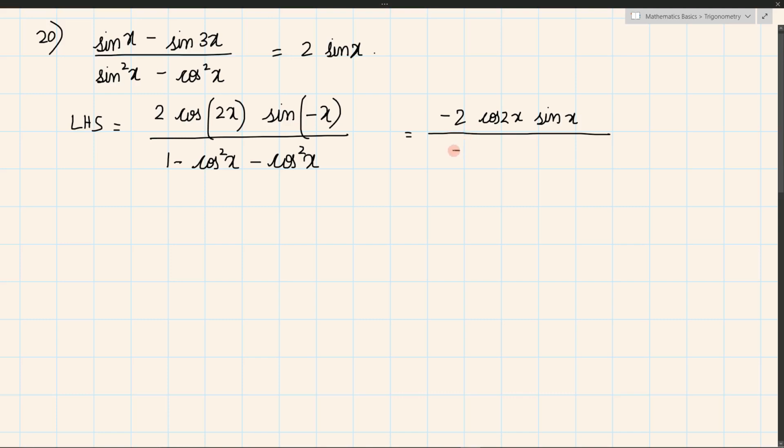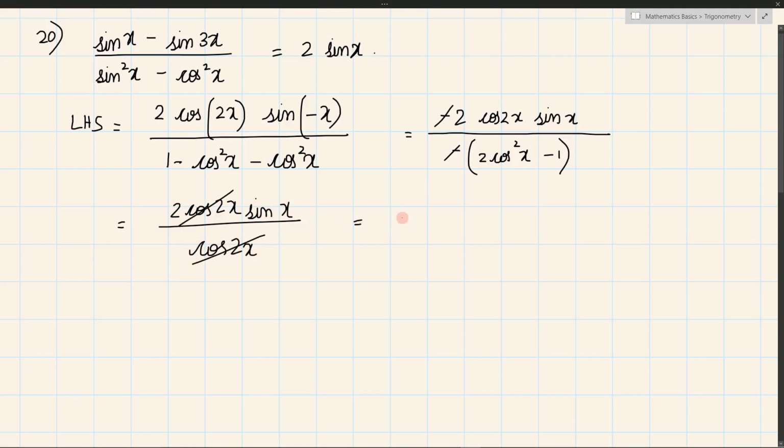I'll have 2 cos square x minus 1. So this is nothing but, minus and minus will be cancelled, 2 cos 2x and sine x divided by cos 2x. Cos 2x will be cancelled. The remaining term is 2 sine x.